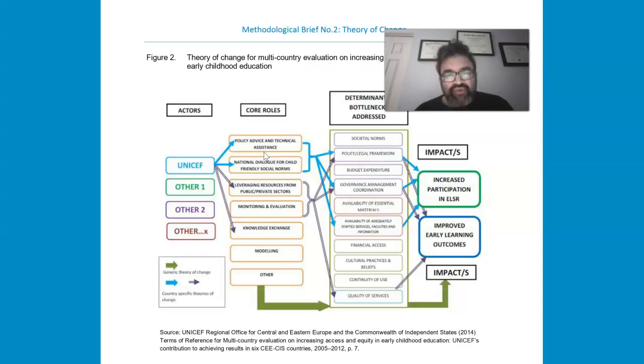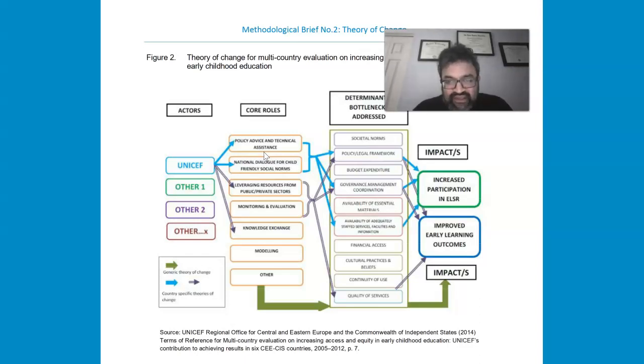and those might be societal norms, a policy legal framework, budget expenditure, governance, management coordination, availability of essential materials, financial access, availability of adequately staffed services, cultural practices and beliefs, continuity of use, quality of services.